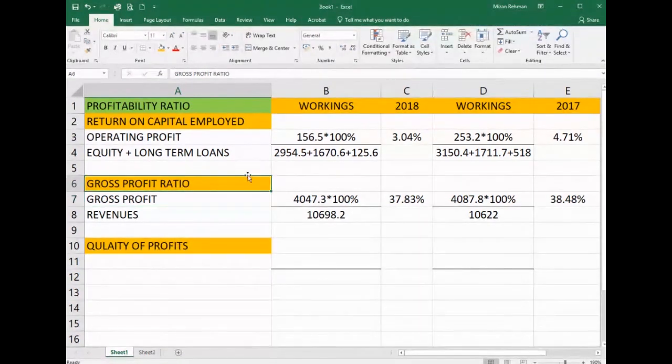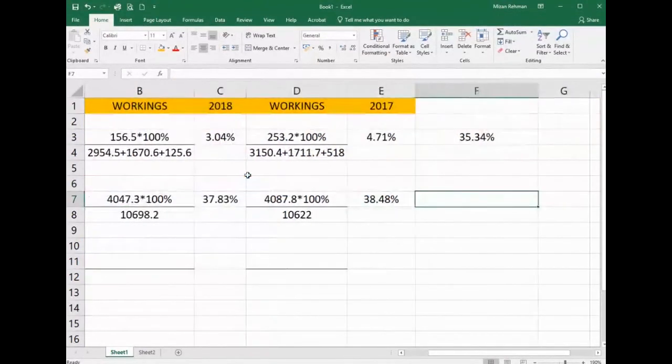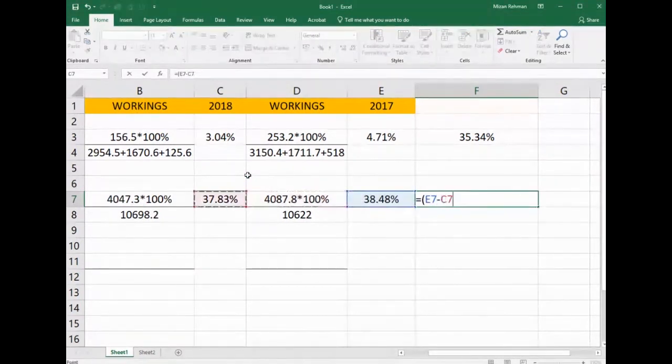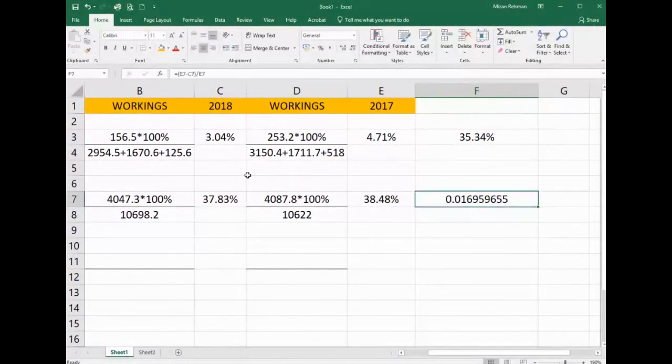It's pretty much the same. If you calculate the percentage difference, it would be very small, 1.6%. So this is a negligible change.